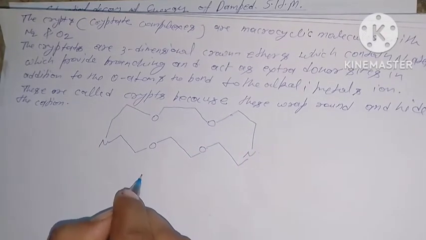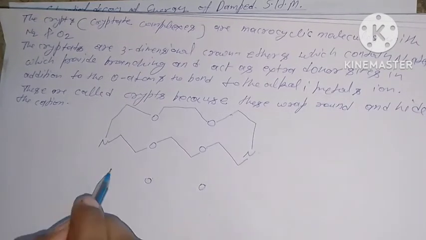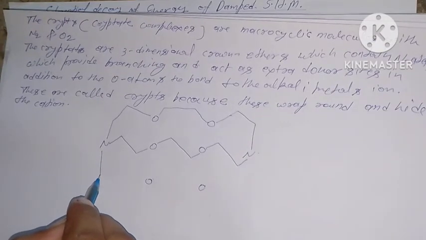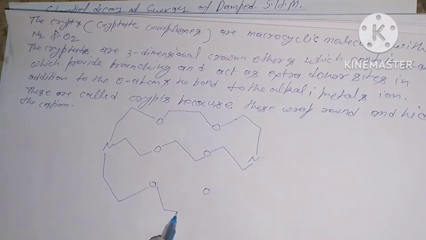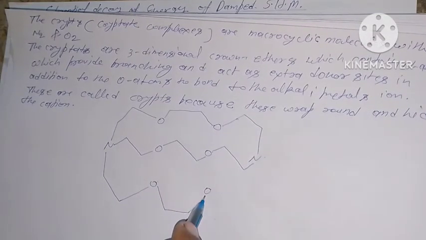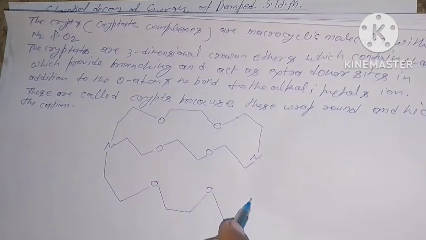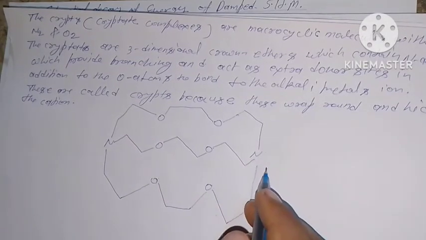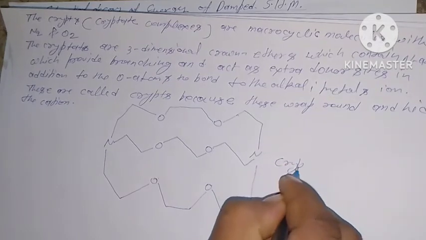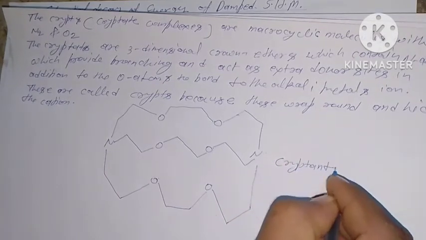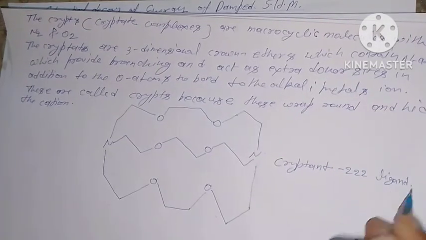This is the structure of cryptand 222 ligands.